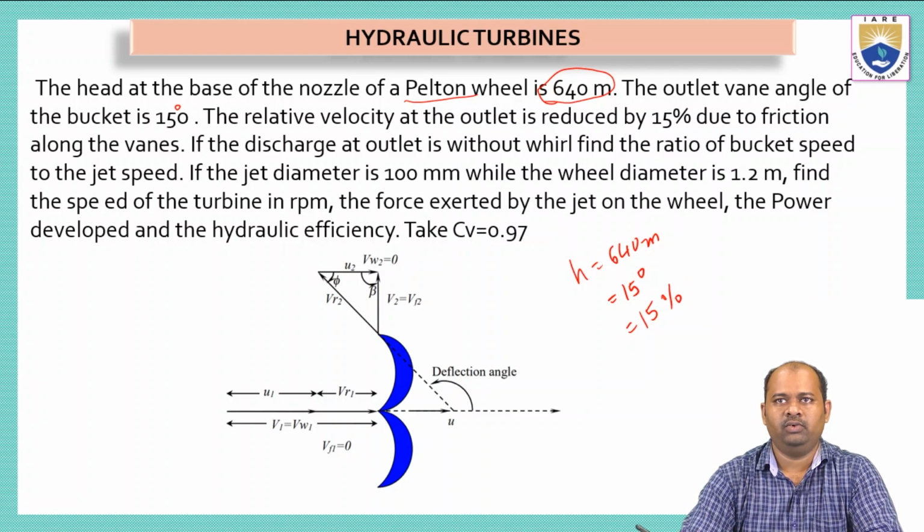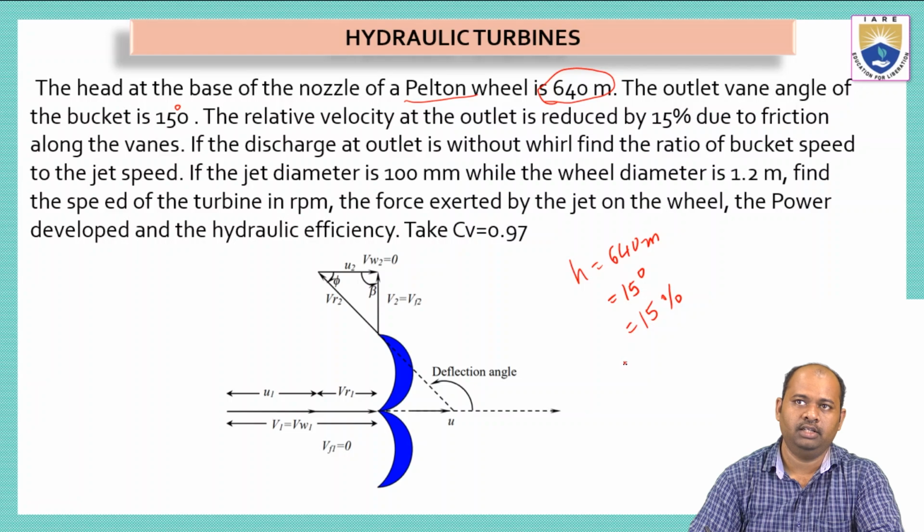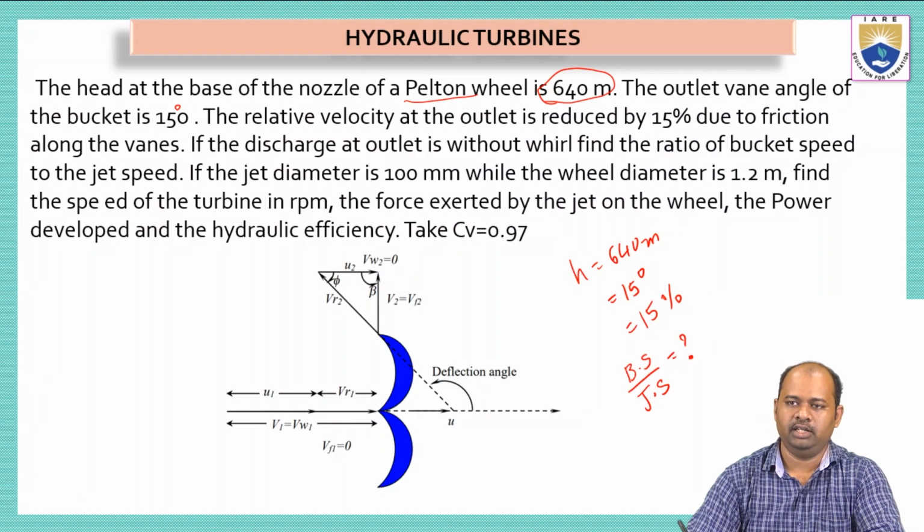If the discharge at outlet is without whirl, find the ratio of bucket speed to the jet speed. We have to find this ratio. If the jet diameter is 100 mm, the jet diameter is small d, 100 mm, and the wheel diameter is capital D, 1.2 meters.